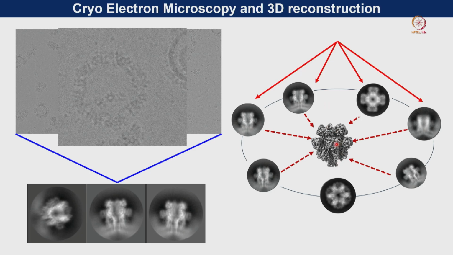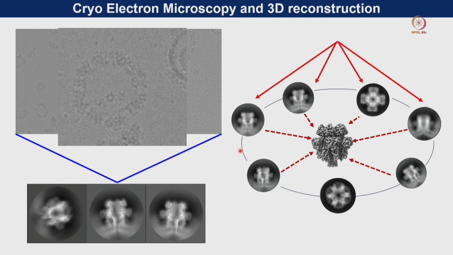Now the first question that comes is, how many particles? We call this a single particle. This is one particle, this is another particle. So we are just adding single protein molecules together, and then we calculate 2D averages.